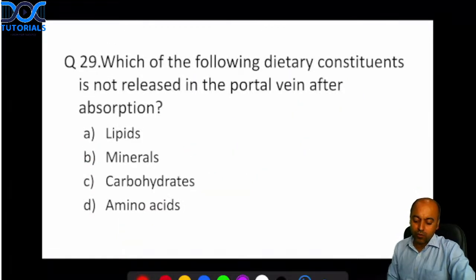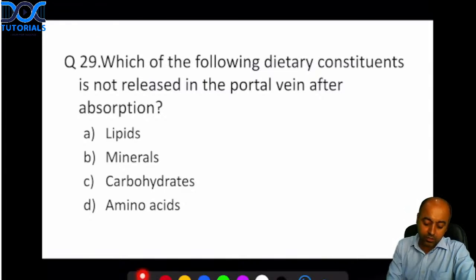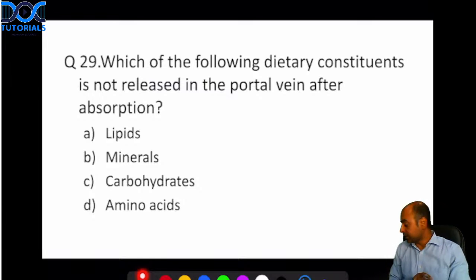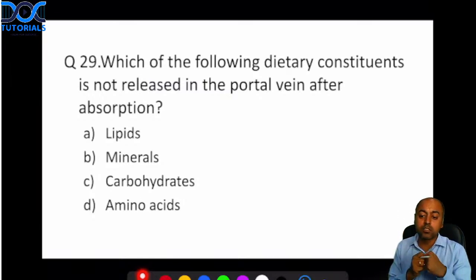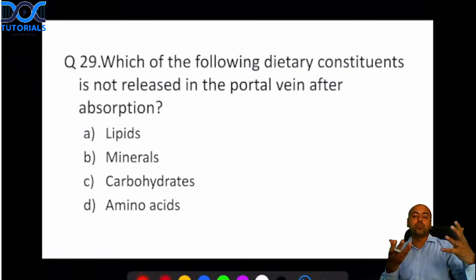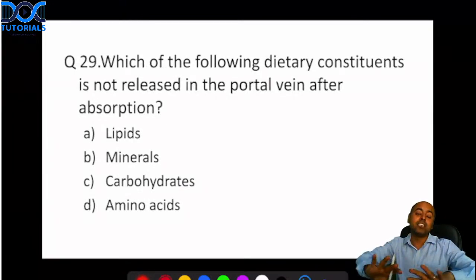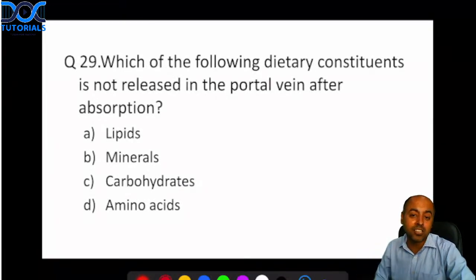Okay, which of the following dietary constituents is not released in the portal vein? So normally what happens when you consume food, it is digested, after digestion it is absorbed, and then it is released in the circulation inside the body.